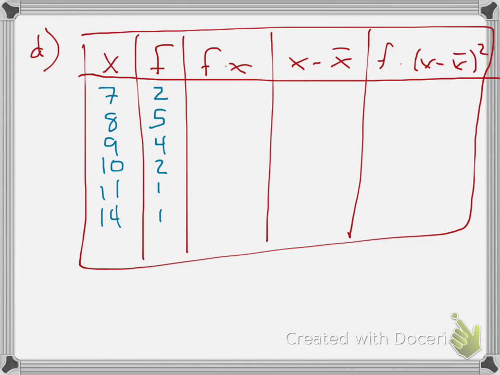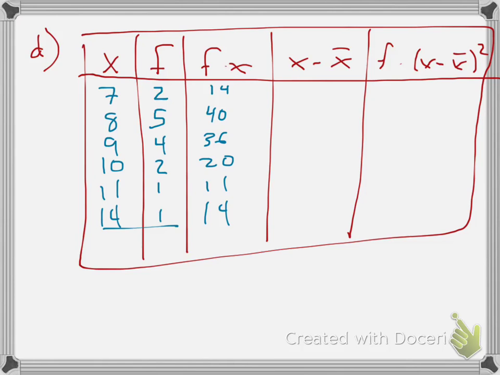Okay, next I'm just going to multiply the two columns together. In other words, we're going to use this to find the sum of x. Since there were 2 days of 7, when we calculate we're going to have 2 times 7, 14, and so on.